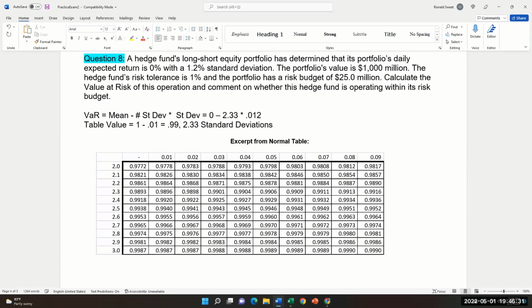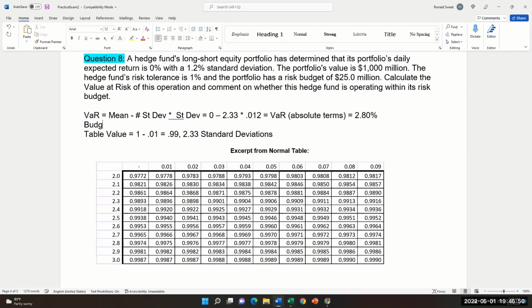And remember, we do VAR in absolute terms. So ignore the negative numbers. And that gives us a VAR of 2.8%. Their budget is 25 million.